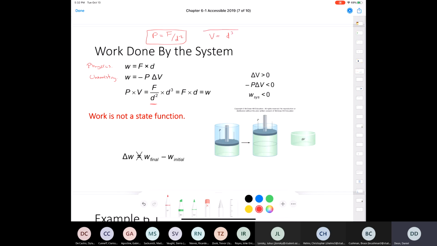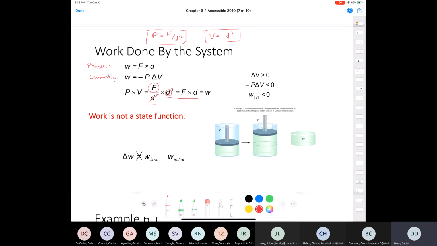If you have a distance and you cube it, you can find the volume. And so what happens is if we take pressure times volume, we have force over distance squared times distance cubed. The d squared in the denominator cancels with part of the cube, and we get force times distance, F times d. So that explains that.